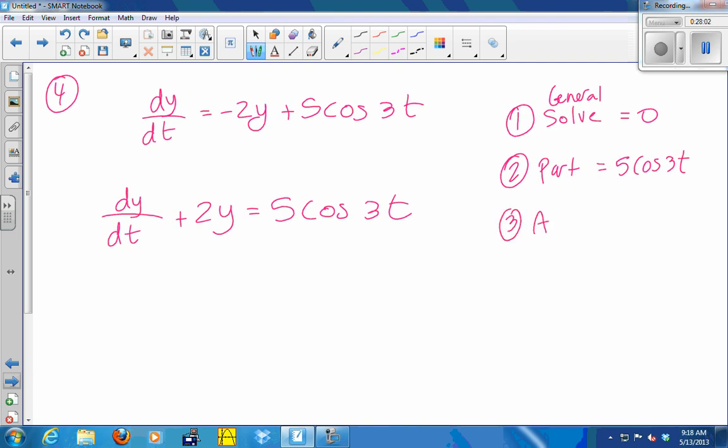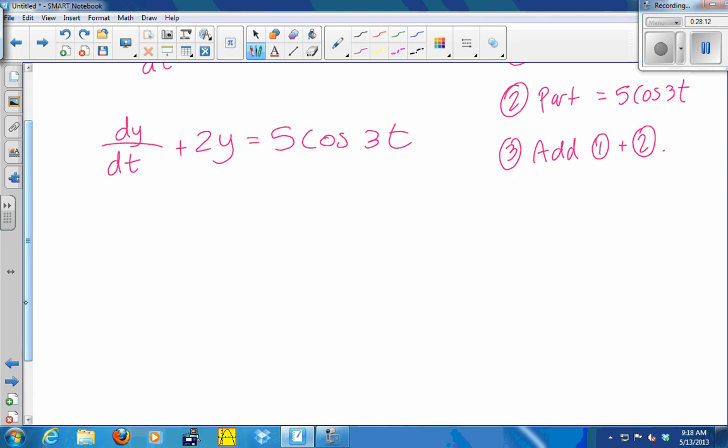And step 3, add them together. So step 1 is the easiest, so let's start there.